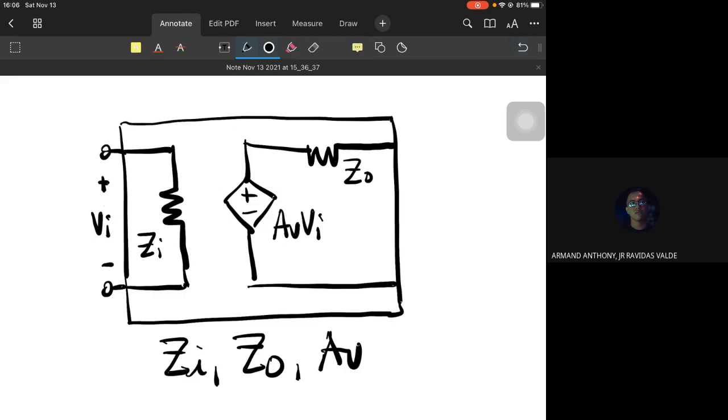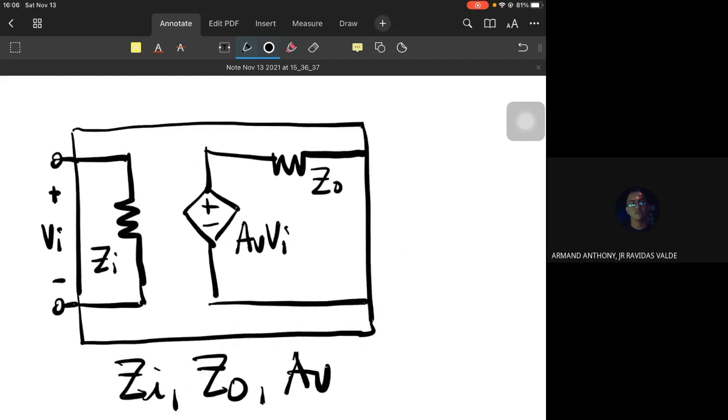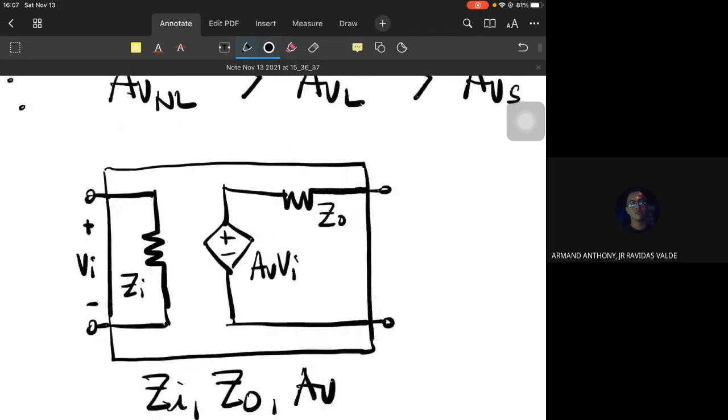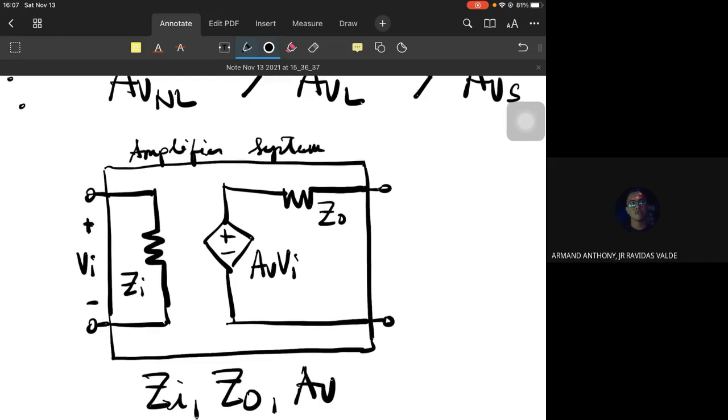So this works for any configuration, not just fixed bias. It is like going back to Circuits 1, where we were analyzing simple circuits. So this is our amplifier system, and the system boundary is here. This is the boundary of our amplifier.